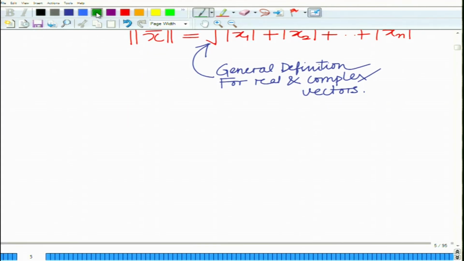Now, a special kind of vector is obtained as follows: x tilde equals x bar divided by the norm of x bar. That is, you are taking the vector x bar and dividing it by its norm, and that gives a unit norm vector.